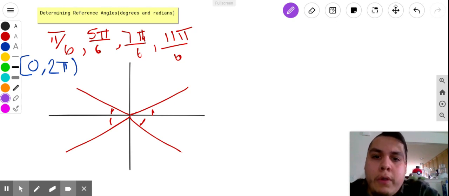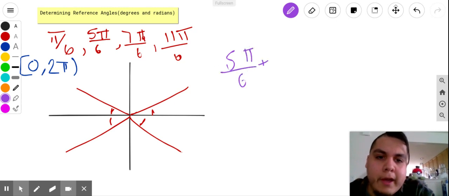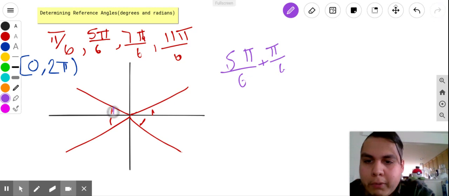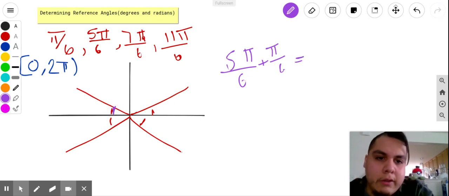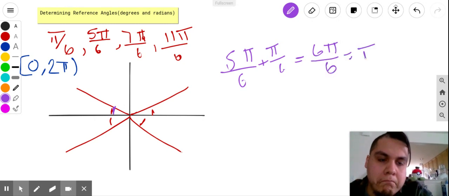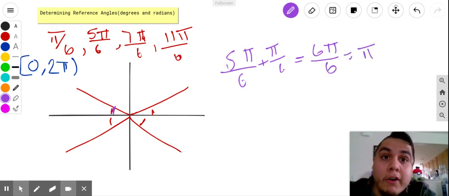So, 5 pi over 6, if you tack on that pi over 6, this little bit right here in the purple, that would get you to 6 pi over 6. So that would be pi. Okay, so that means that's how far off the x-axis it is.